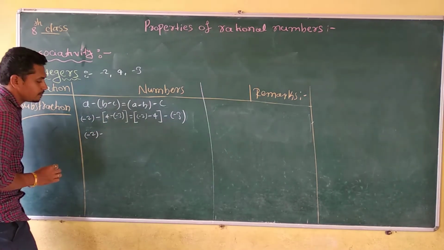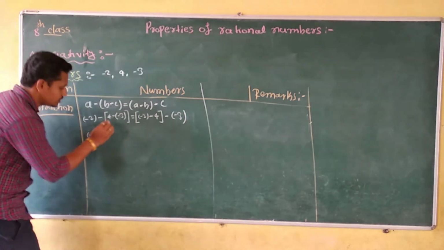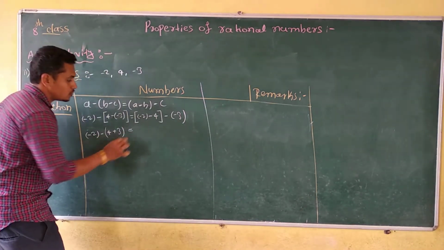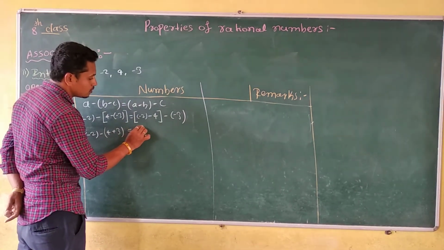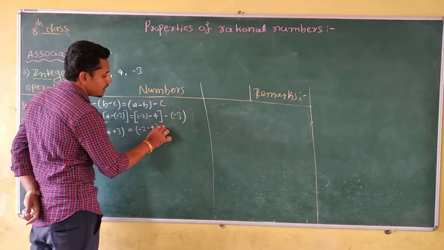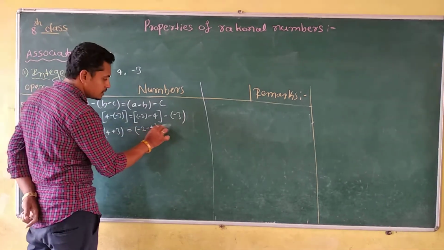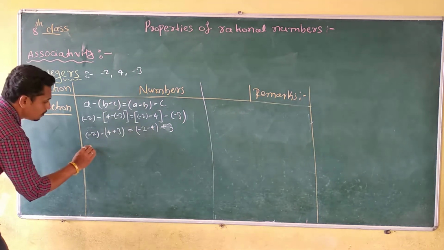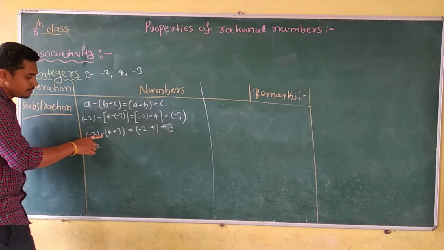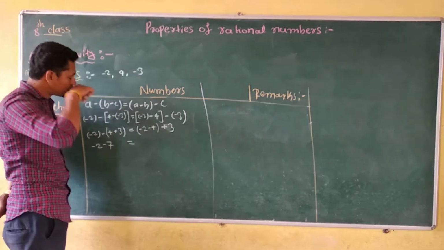Minus into minus is plus, so 4 plus 3 is 7, and with the minus sign outside it is -7. So -2 minus 7 is -9. On the right side, -2 minus 4 is -6, and next minus (-3), minus into minus is plus, so -6 plus 3.